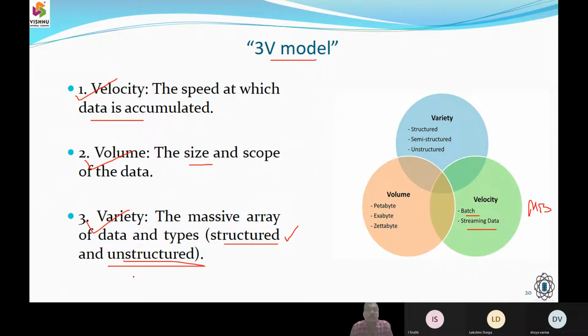They are put in chat boxes, etc. That information has to be analyzed. To do this, we will first use a word called variety with unstructured data. For this unstructured data, we will be using some NoSQL software. So instead of using SQL, we will be using NoSQL, and thereby we will be processing this unstructured data.